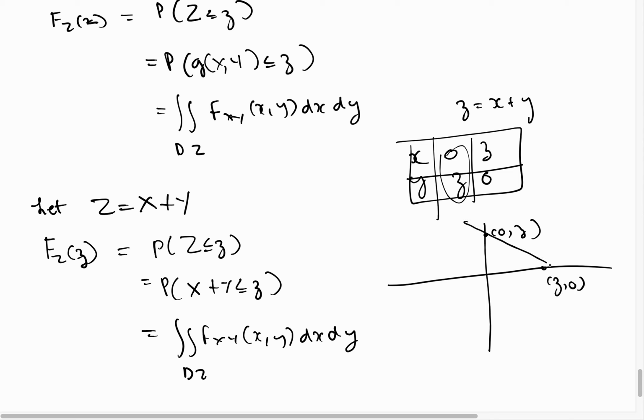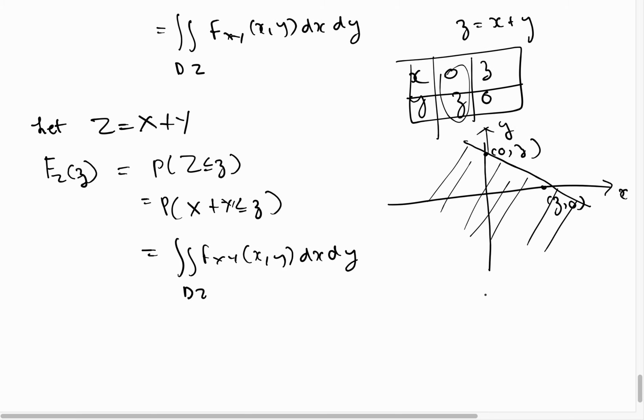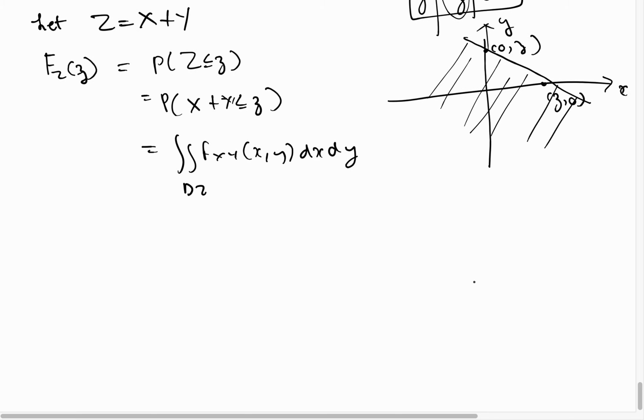I can plot this here, where this is x and this is my y, and we have an inequality here, that is x plus y less than z. So it's going to be this whole region x plus y less than z.